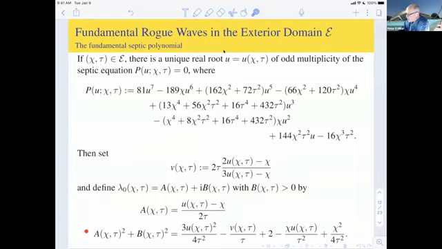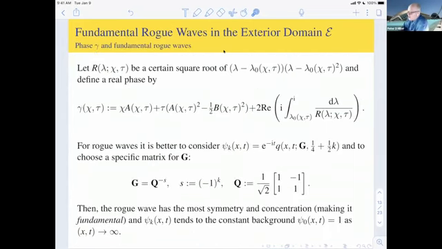Then lambda naught is A plus iB, a complex number in the upper half plane, also depending on chi and tau. That's basically the branch point for our g function. We're going to let r, for square root of lambda, chi and tau, be a certain square root of lambda minus lambda naught times lambda minus lambda naught star, the complex conjugate.